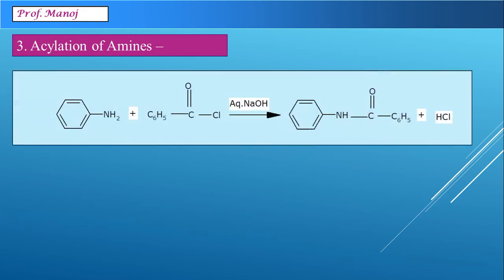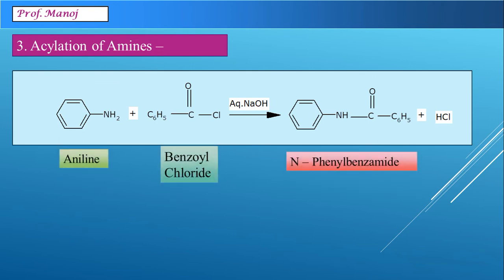Consider acylation of a primary amine, but now instead of acetylation we are using a compound called benzoyl chloride. Here also the same reaction occurs. The amine's H atom and the chlorine of the chloride combine to give you HCl, which produces N-phenyl benzamide.